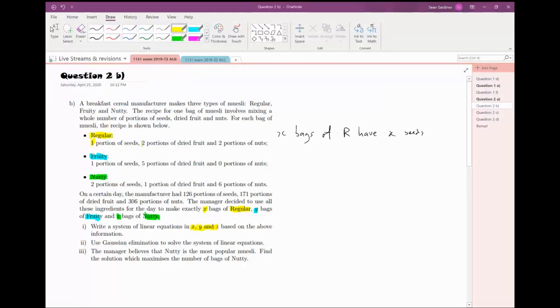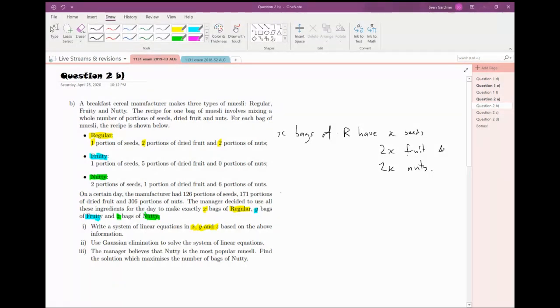They have 2 lots of fruit. So I know that X bags will have 2X lots of fruit. And they have 2 portions of nuts. So X bags will have 2X lots of nuts. Great. And that's kind of me summarizing that information using X's now, right?